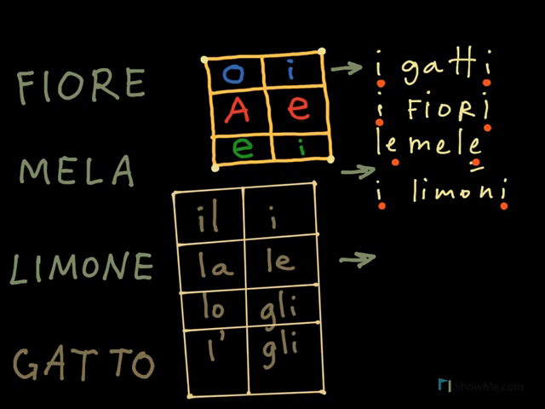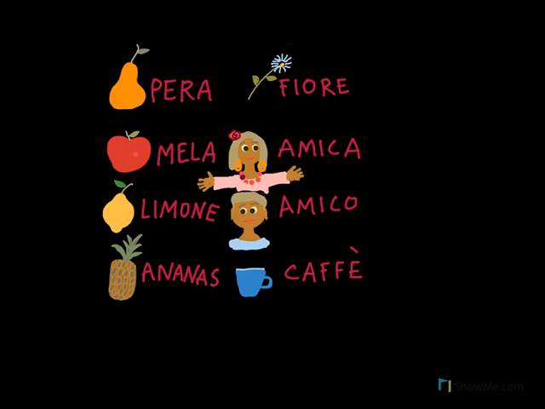Okay, now what if we decided to say, because now we need to talk about the possessives, that it is my pear, your apple, his lemon, our pineapple, and so forth. So in Italian you will say pera.